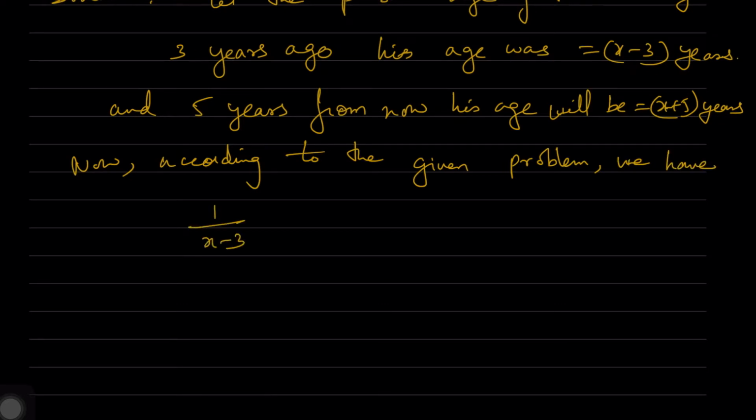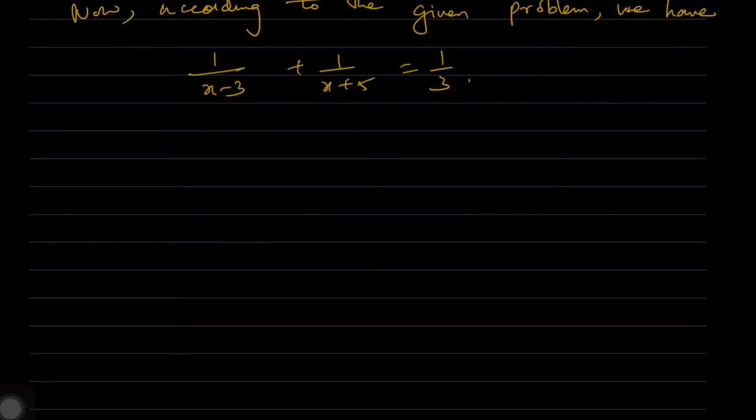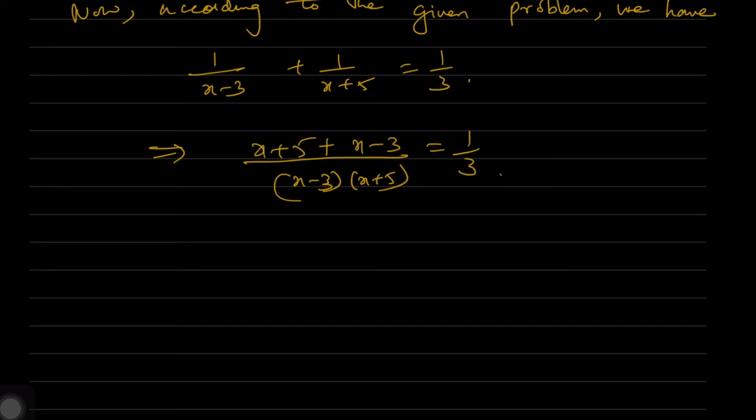1 by x minus 3 plus 1 by x plus 5 is equal to 1 by 3. So now if you're taking LCM here, you will get it as x minus 3 into x plus 5. So here x plus 5 plus x minus 3 is equal to 1 by 3.